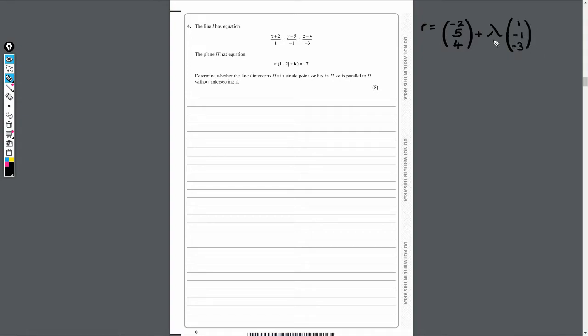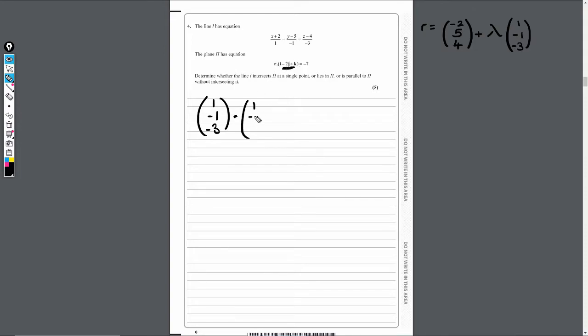Okay, so now we've got these. That's my direction vector here. I've got this plane here, and this is the normal vector here. Now, if I consider using the dot product for these two vectors, let's see what result we get, because this might help us prove something. So I've got 1, minus 1, minus 3, dotted with 1, minus 2, 1.